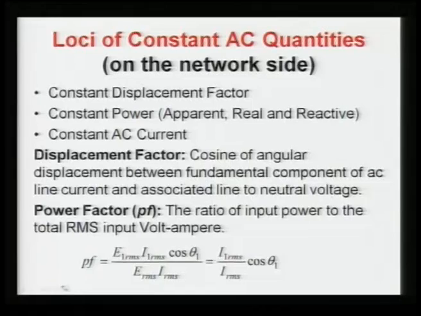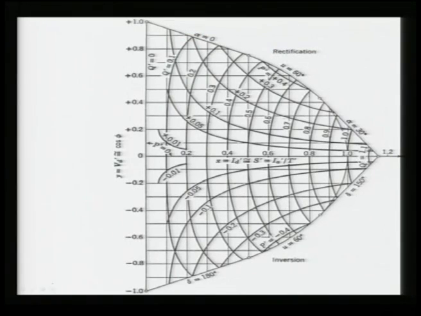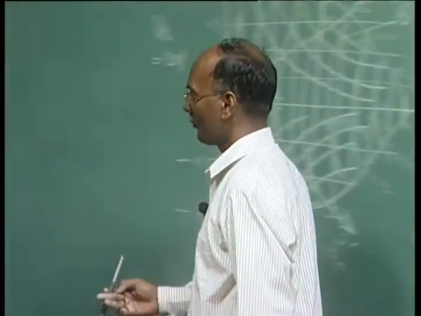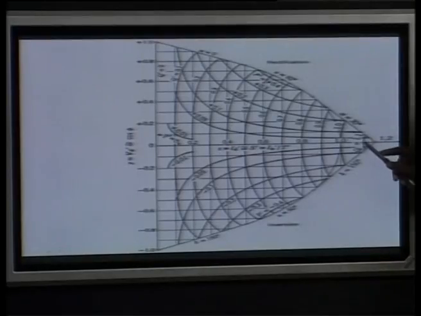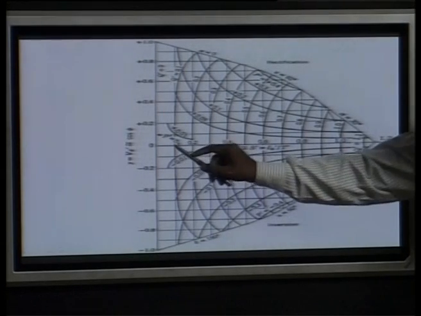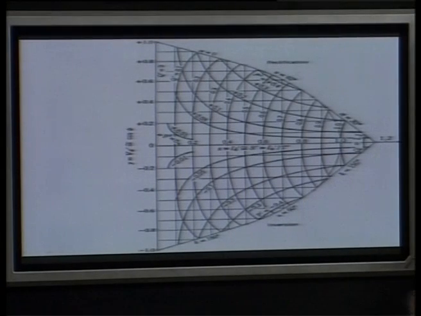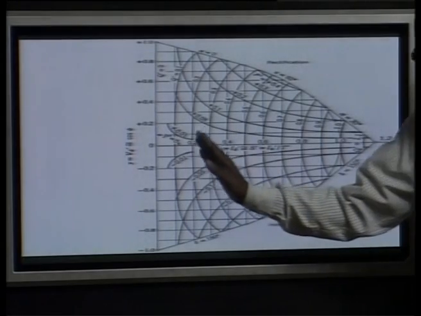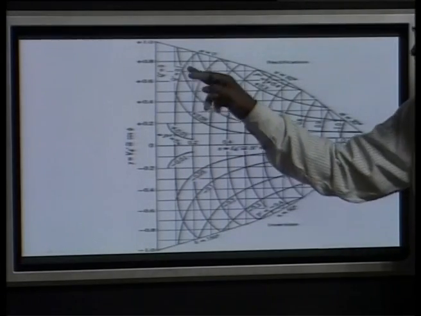Now to see it, you can just look at this graph. You can see from here this is a Q characteristic, more Q here, and here you require less Q. That is also true if you are operating here, your power factor is better.